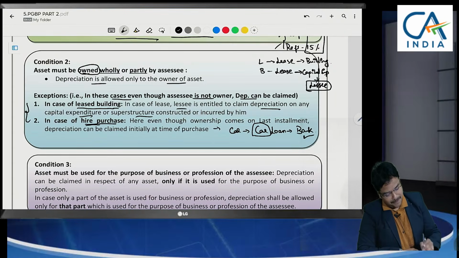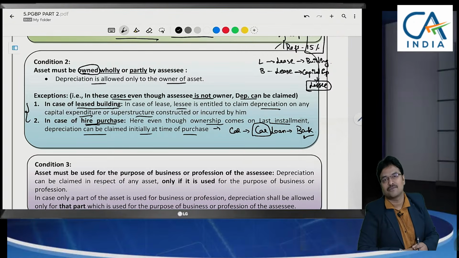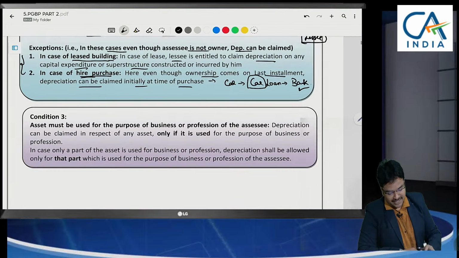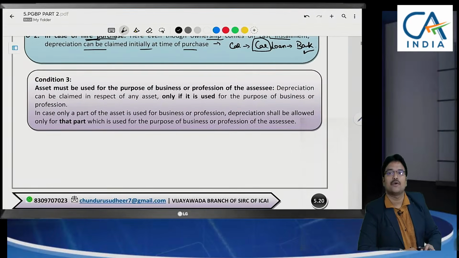In case of hire purchase, even though ownership comes on the last installment, depreciation can be claimed initially at the time of purchase itself. So this is the second exception. In these two cases, leased building and hire purchase, even though they are not the legal owners, they can claim depreciation. But generally the condition is that the assessee must be the owner of the asset to claim depreciation.